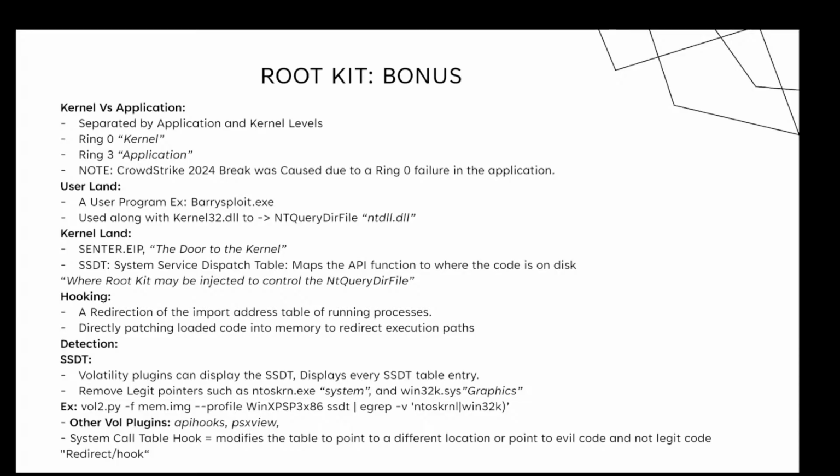So you've got hooking or redirecting the import address table for different running processes, directly patching, loading code into memory, or really whatever you want to do. The SSDT, you can use that to look for anomalous things. And then I've got the Volatility 2 commands here. I don't have the Volatility 3 command specifically for this, but you do want to ignore legitimate pointers such as the ntoskrnl, I can't even say that, for the system and the graphics. Kind of ignore those pointers.